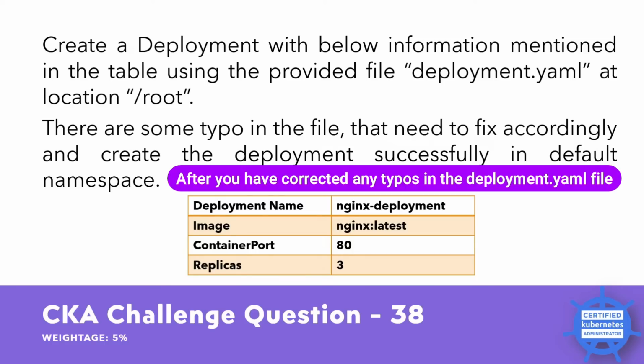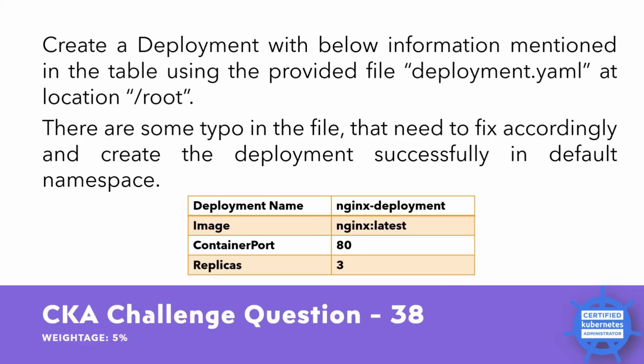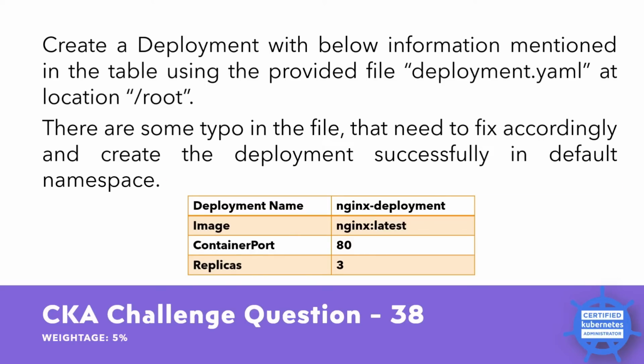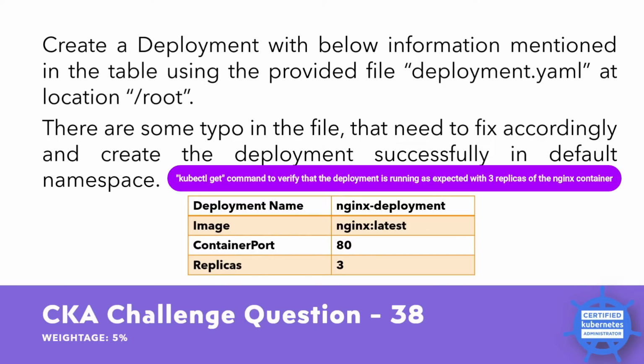After you have corrected any typos in the deployment.yaml file and ensured that it matches the requirements listed in the question, you can use the kubectl apply command to create the deployment in the default namespace. Once the deployment is created, you can use the kubectl get command to verify the deployment is running as expected with 3 replicas of the nginx container.